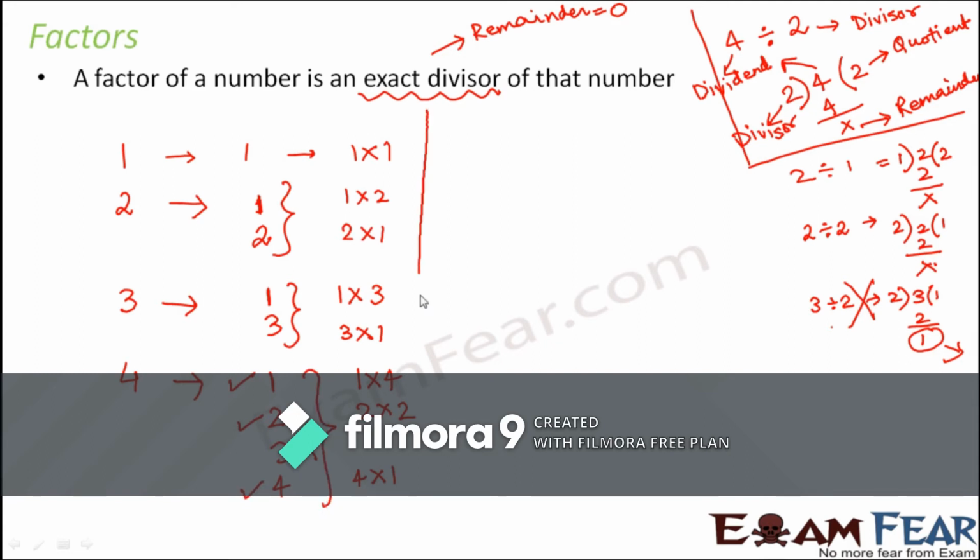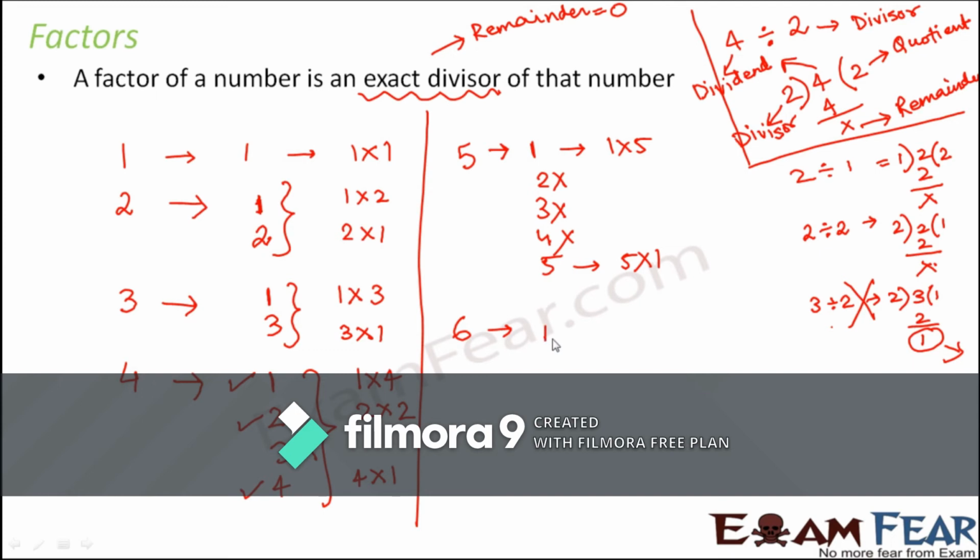Let's talk about 5. In case of 5, 1 is a factor because it can be written as 1 into 5. Is 2 a factor? No. 3? No. 4? No. What about 5? Yes, 5 into 1 is equal to 5. So 5 is also a factor. Let's look at 6.